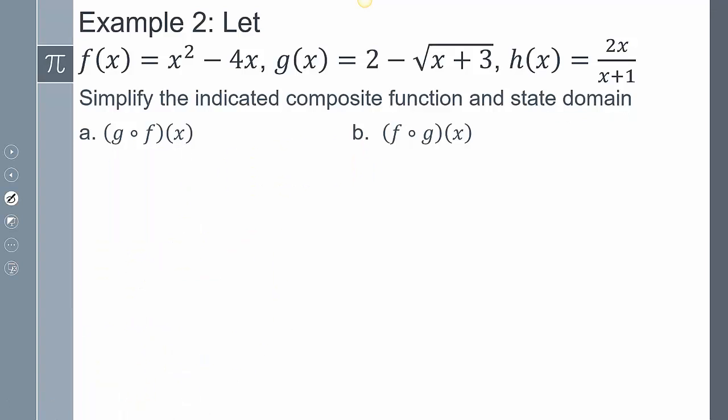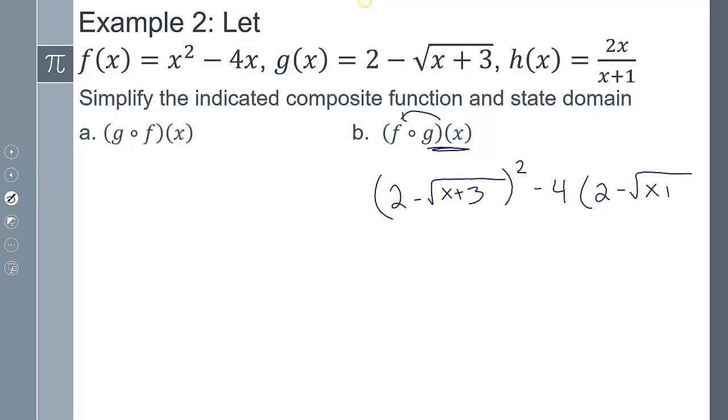For part B, it's asking us to take the g function and plug it in as an input into our f function. And so writing this out, my g function is 2 minus the square root of x plus 3, and I'm plugging that as an input, minus, and this would be 4 times 2 minus the square root of x plus 3.